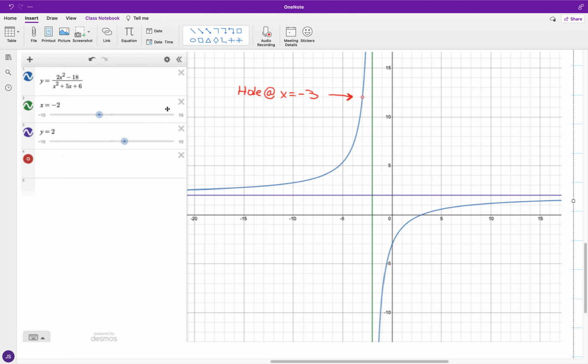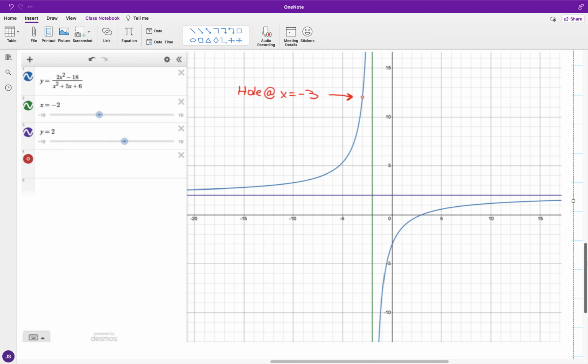Since x plus 3 canceled out, we have a hole located at x equal to negative 3, and we have the horizontal asymptote at y equal to 2. At the extreme left and right, you're going to have the sections of the rational function run tangentially to that particular line. So this will be the general image of what we have in this one.